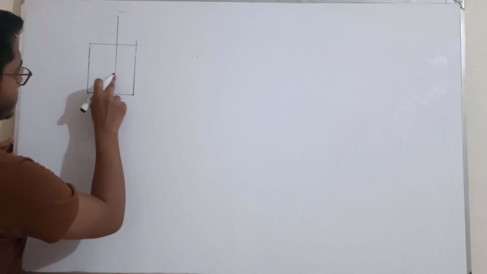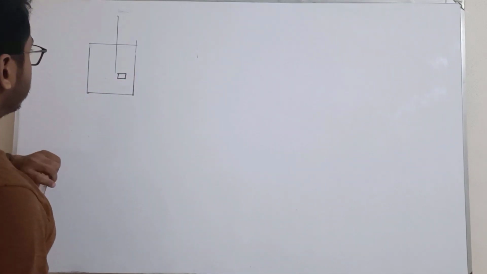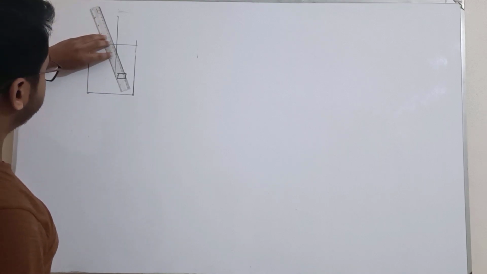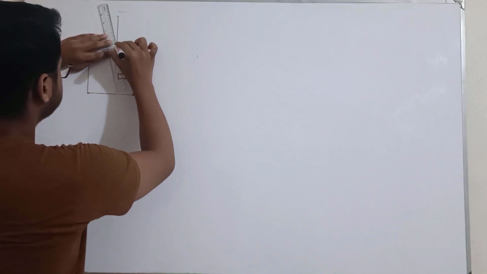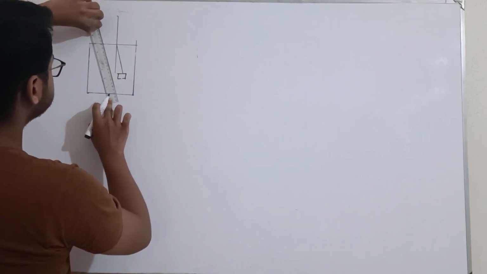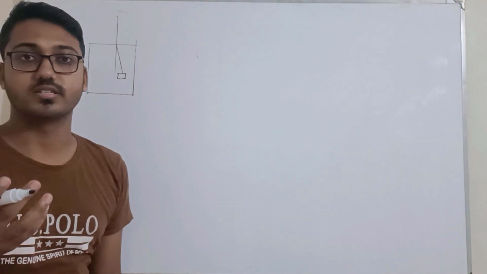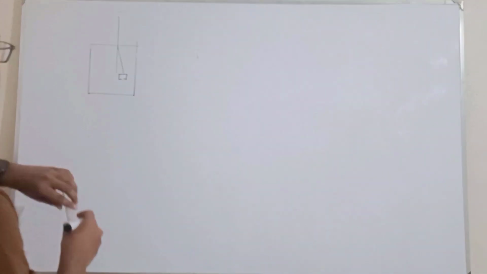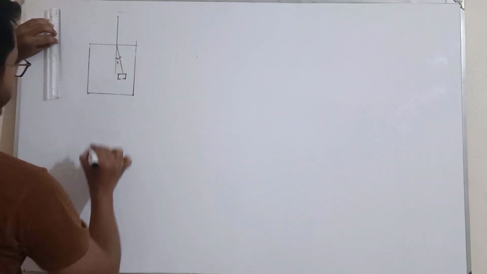Sorry, let the object be in here. From this object the ray will come in this direction, and since here is water and water is denser than air, this is our incident ray.